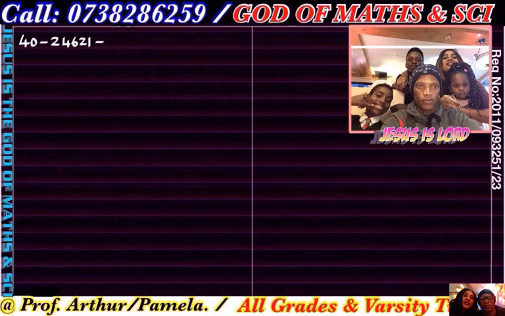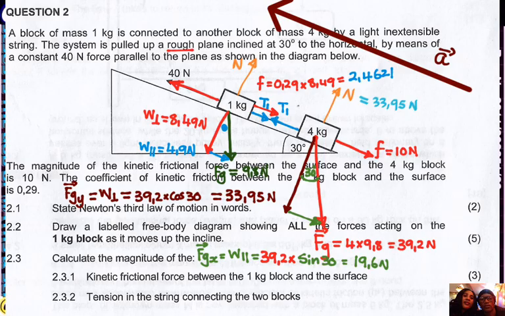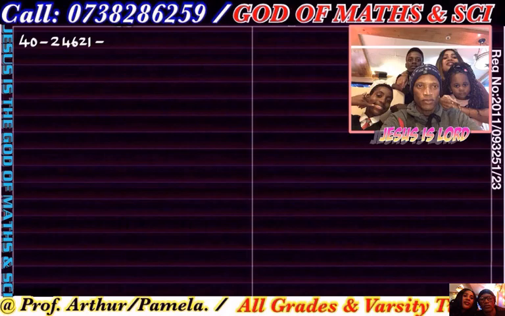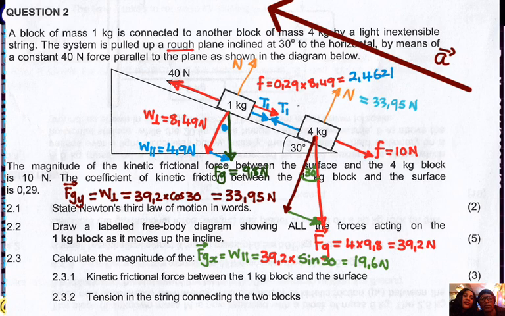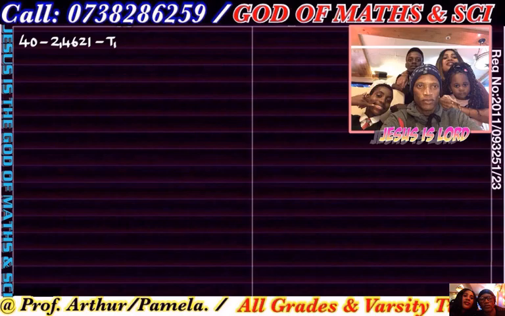24621 minus the other one, which was T1, which we do not know yet. T1, yes, it's 2 comma... and then we also subtract this one, which is 4.9.